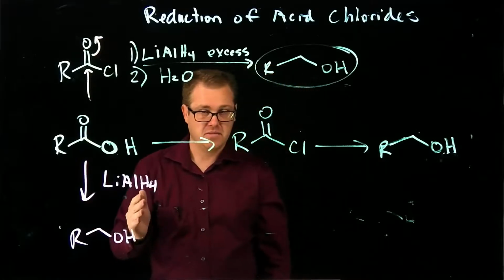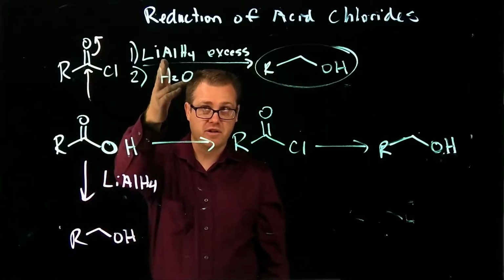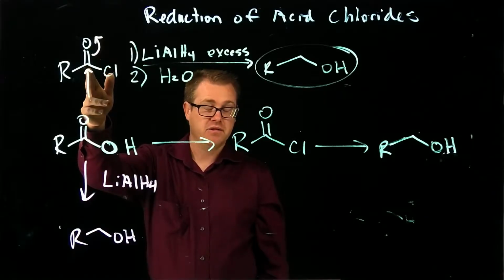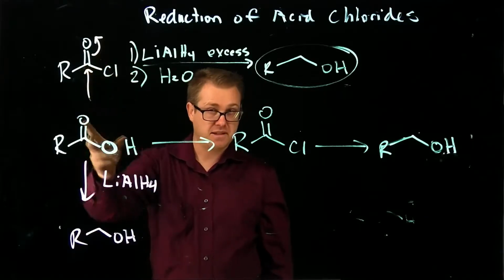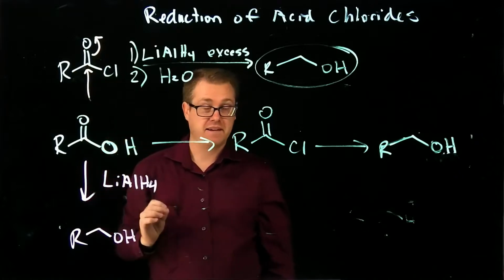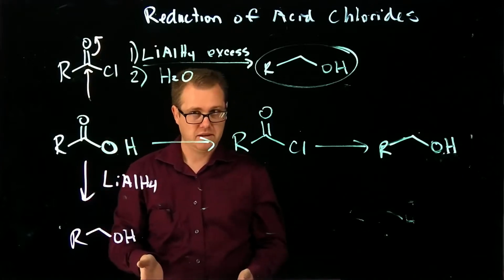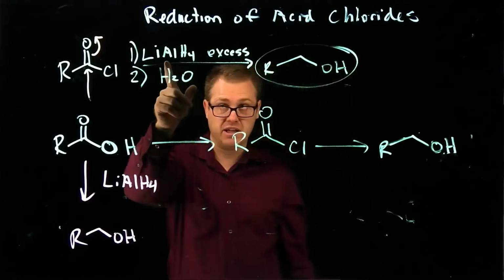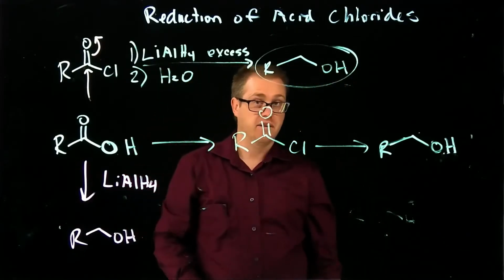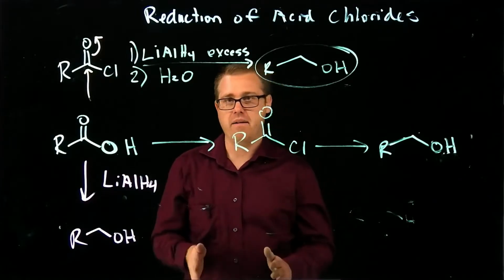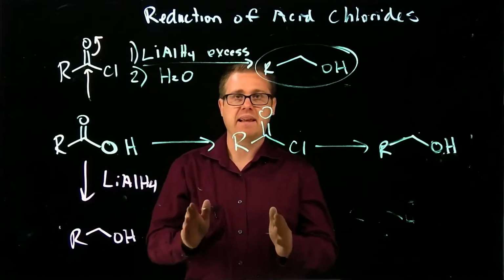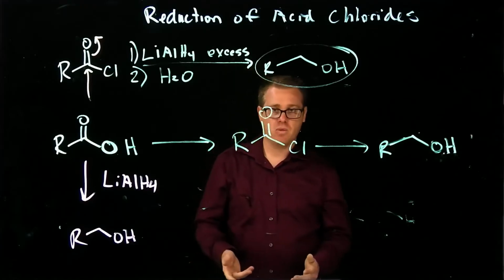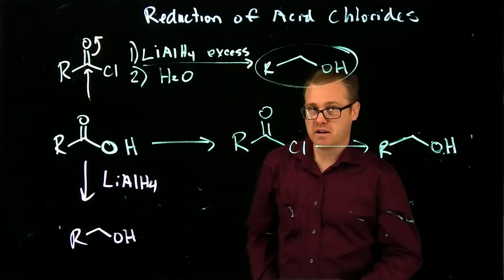Remember in the mechanism how when you add the first hydride to the acid chloride, you form a tetrahedral intermediate that collapses, kicks off the chlorine, and gives us an aldehyde. And then the mechanism proceeds with a second addition of the hydride to convert it into an alcohol. But what if you wanted to stop at the aldehyde? How can you do it? And there is a way, and that is what we're going to talk about next time.